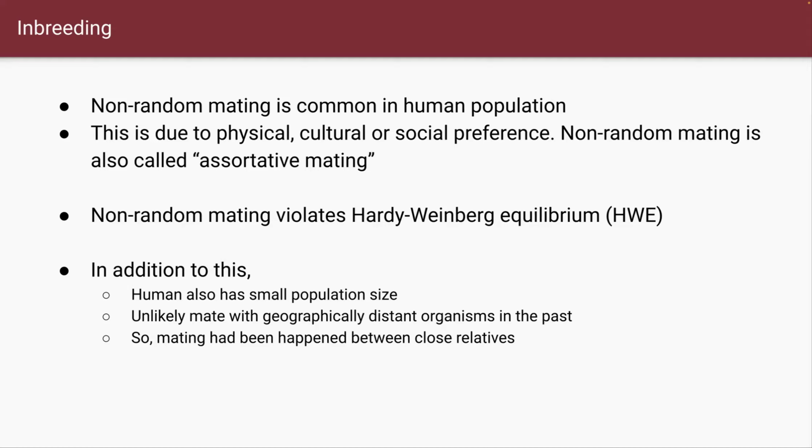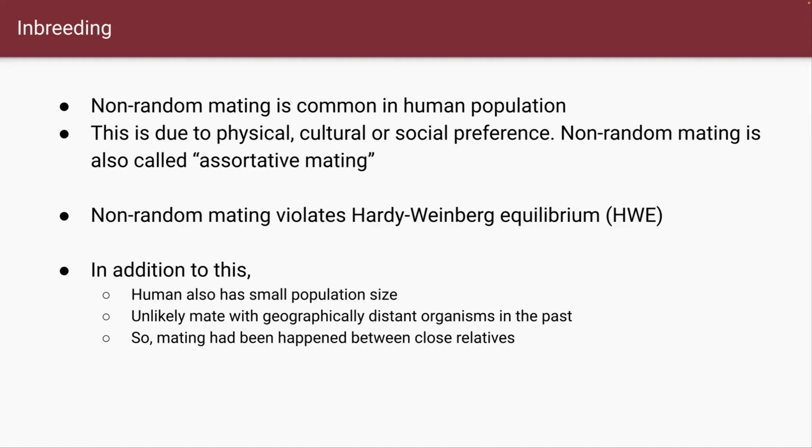We have very specific mating, right? And this non-random mating is one of the major sources that violate this equilibrium. Non-random mating can alter allele frequency over the generations, right? So that's why we care about this issue in population structure.